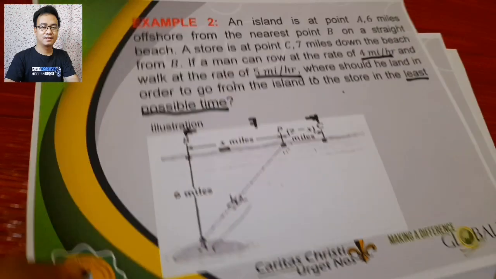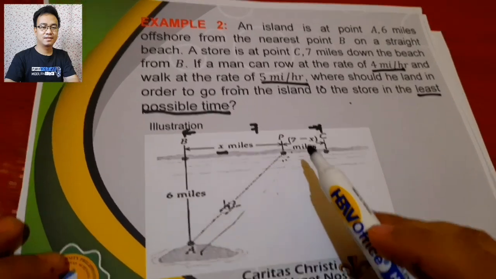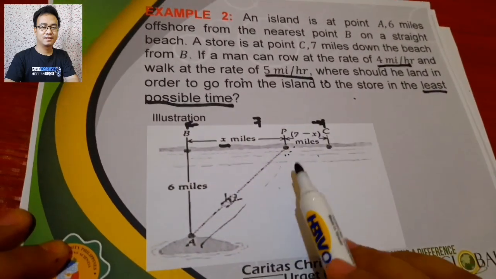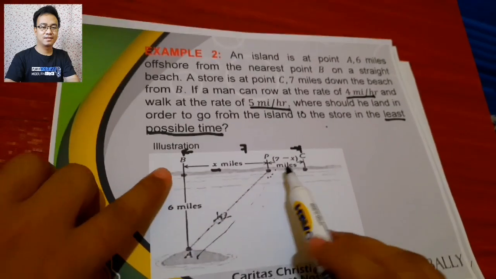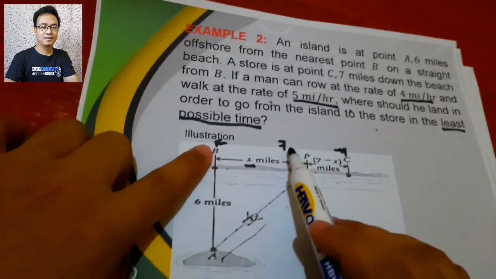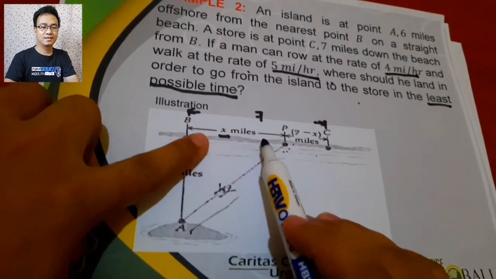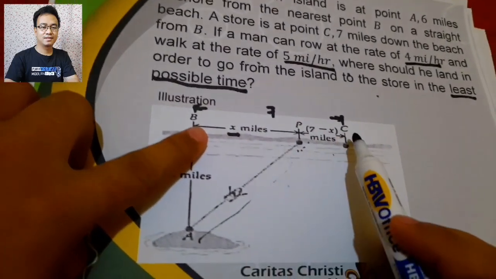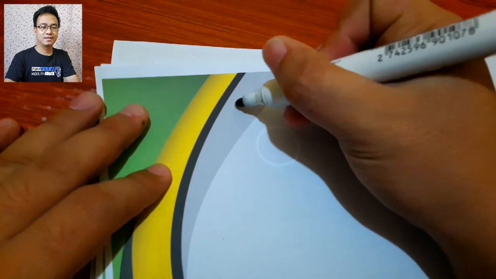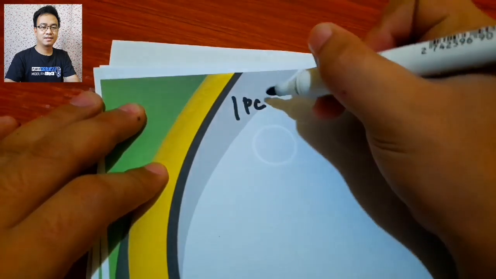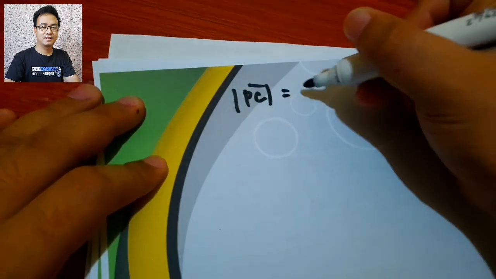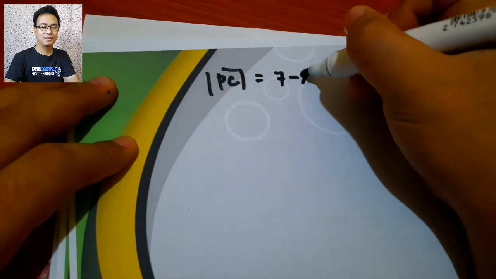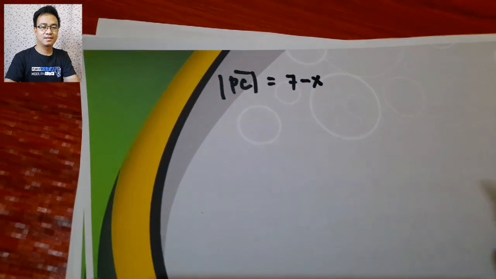We also notice from this illustration the distance from P to C, having the idea that B to C is actually 7 and this is x miles, therefore the distance from P to C is actually 7 minus x. The distance from P to C is equal to 7 minus x.